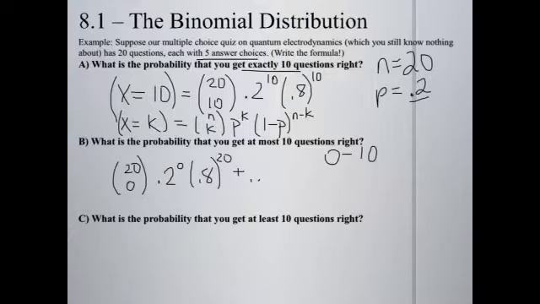Plus all the way up to 1, 2, 3, 4, 5, 6, 7, 8, 9. I don't want to write all that, so I'm going to just write plus dot dot dot plus. That's the math notation for writing the continuous amount up to the number that we want, which is 10.